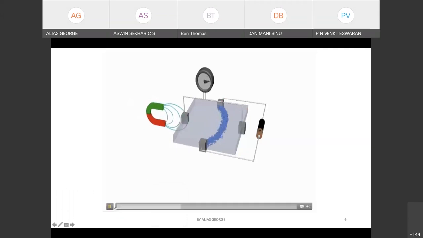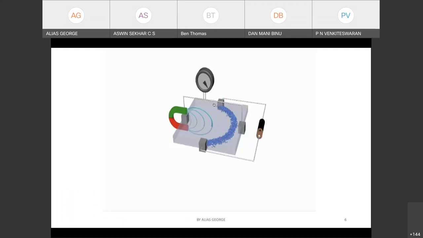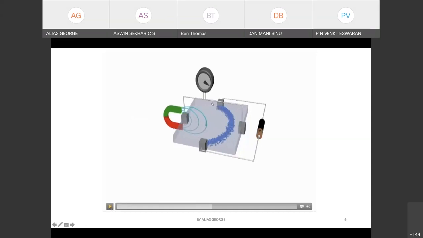And we bring this magnetic field, which is in the upward direction, with velocity in this direction. So electrons will be pushed to that side. As a result, there is a charge separation.